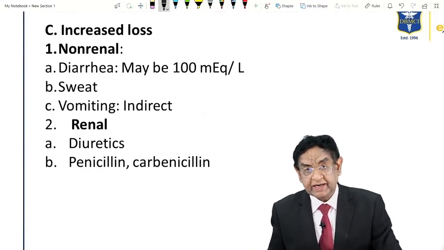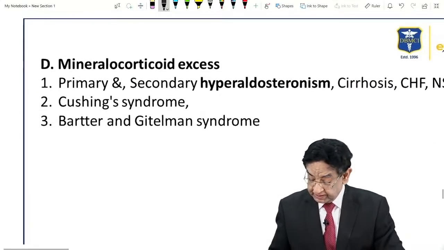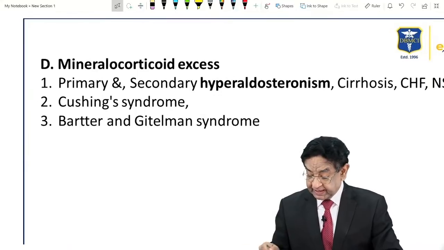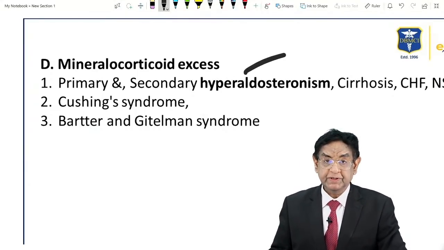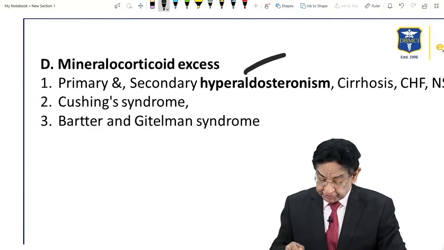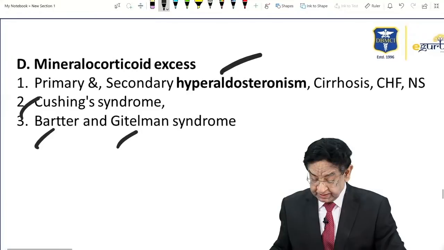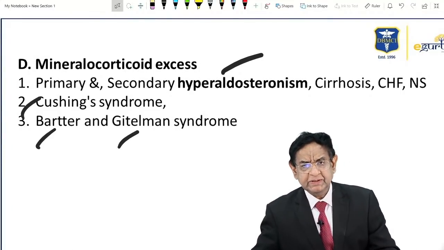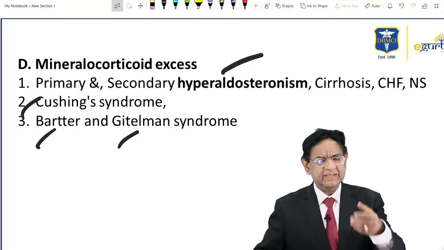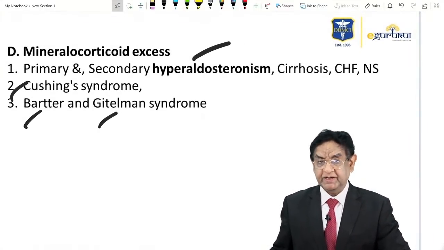They all can lead to hypokalemia. This can happen in conditions like hyperaldosteronism, typically Conn syndrome. It may occur in Cushing syndrome, Bartter and Gitelman syndrome. This list is given in all the books. So even if you could not write, don't worry. If you can write, fine, but don't worry at all.